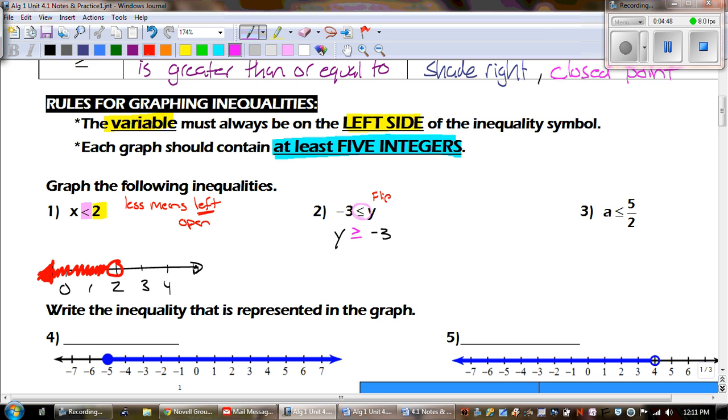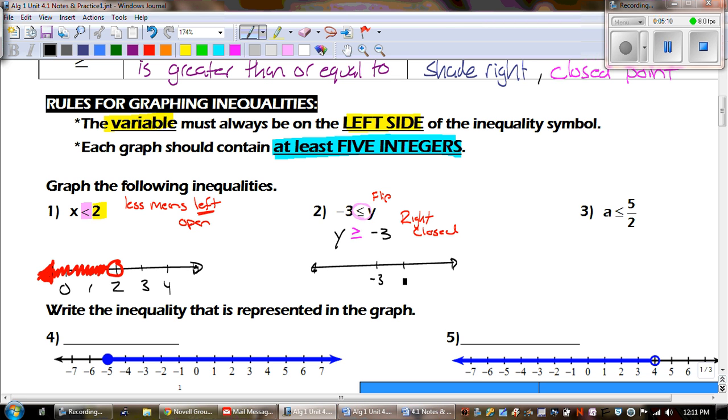All right? So that symbol, greater than or equal to, means that we shade to the right and it's closed. So I'm going to draw my number line. Now, -3 is in the middle.